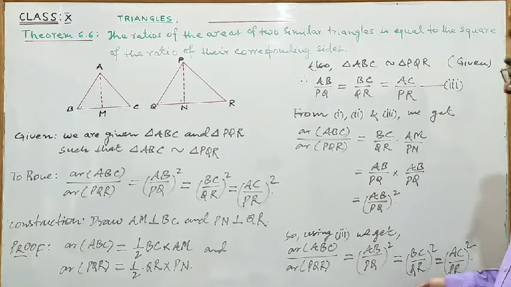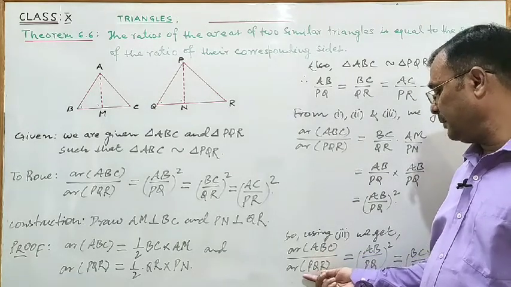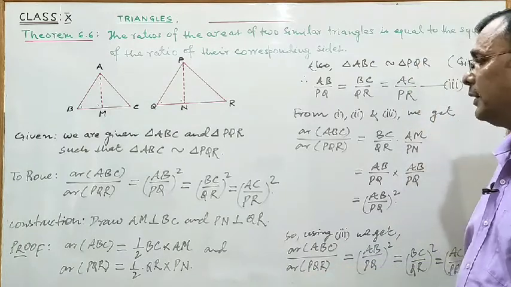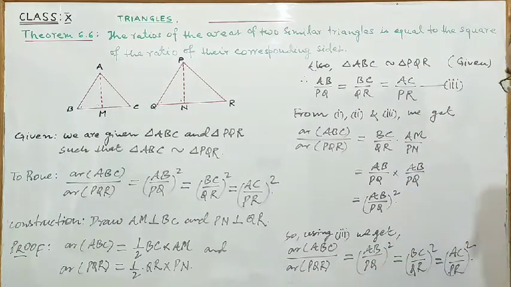So we have proved area of triangle ABC by area of triangle PQR is equal to AB by PQ whole square equal to BC by QR whole square equal to AC by PR whole square. Hence proved.